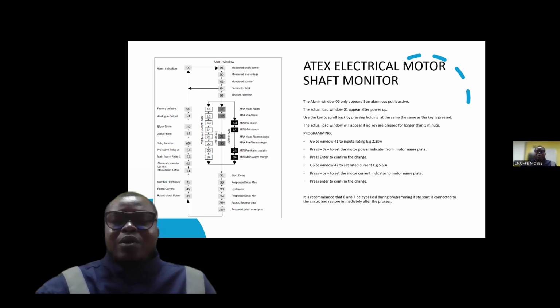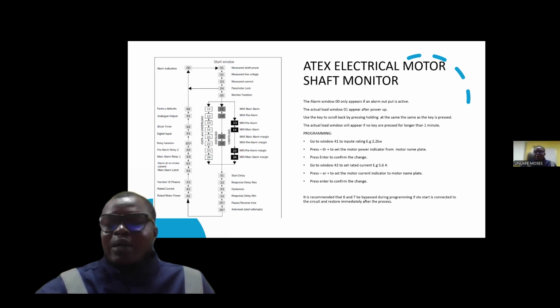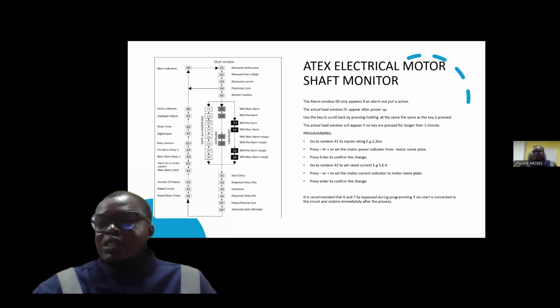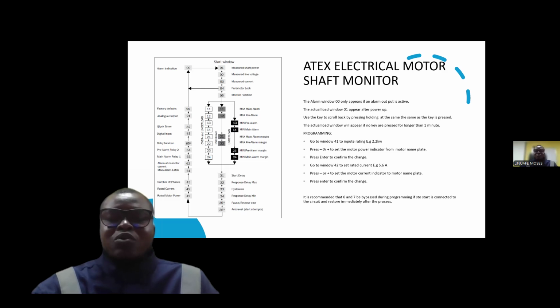Then when we are to input programming on the rated current, the rated motor power, and so on, we have to use windows 42 and 41 in setting the shaft. And by so doing, window 43, which is the number of phases, will also be inputted to indicate the number of phases of that particular motor.